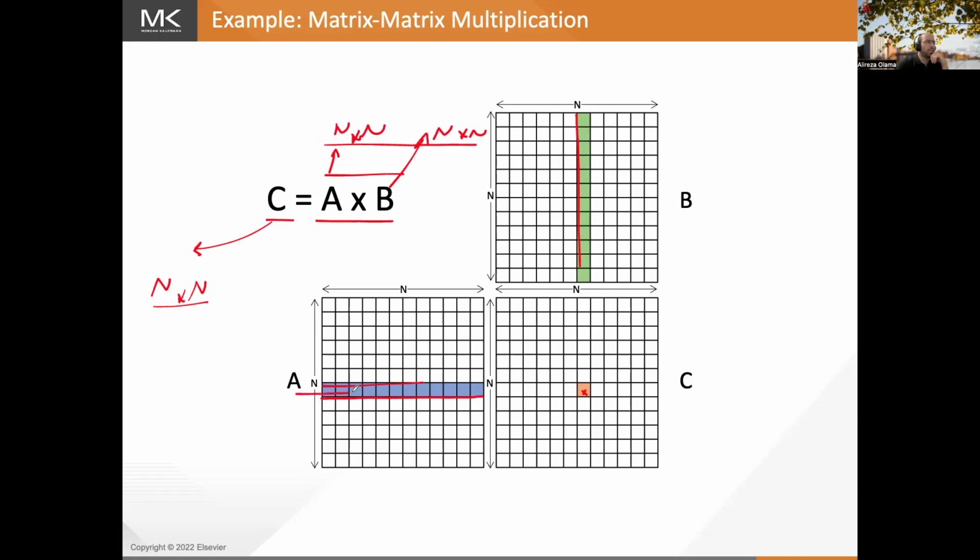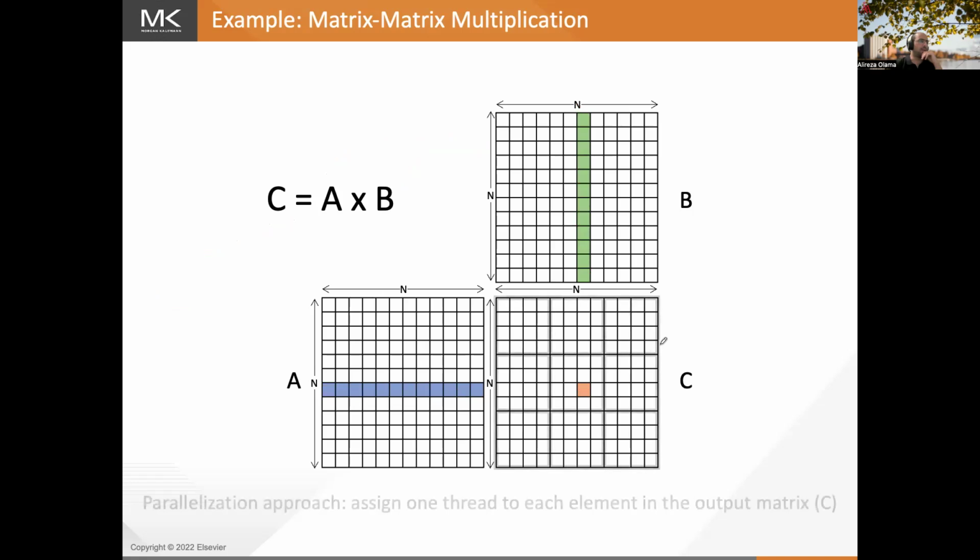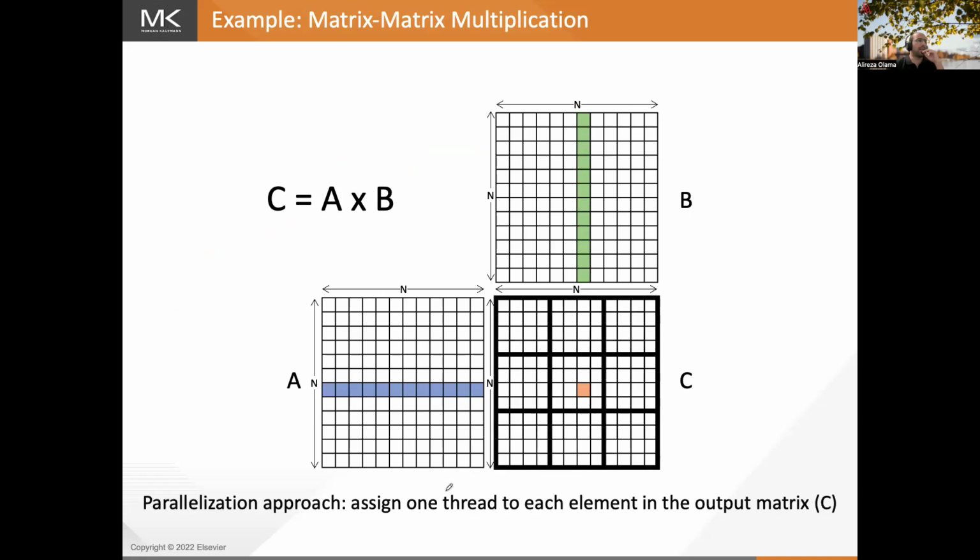So if you take the dot product of this particular row and this particular column in B, you compute the value of this element in the output matrix C. Similar to what we had before, for the parallelization, we can assign a thread to each element in the output matrix.